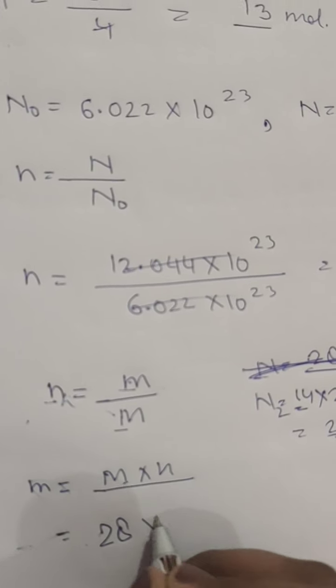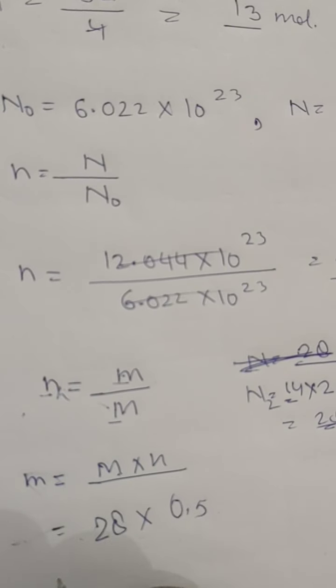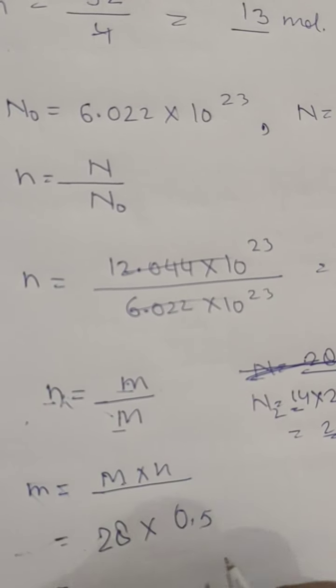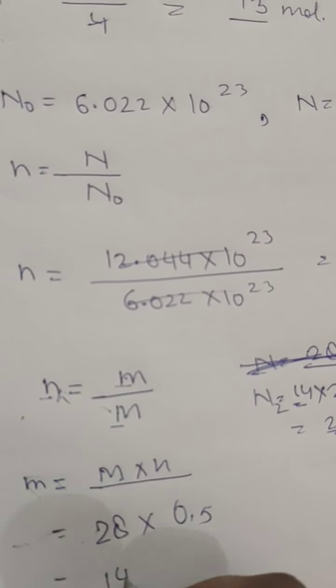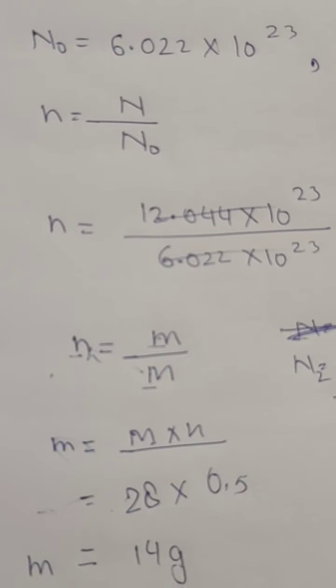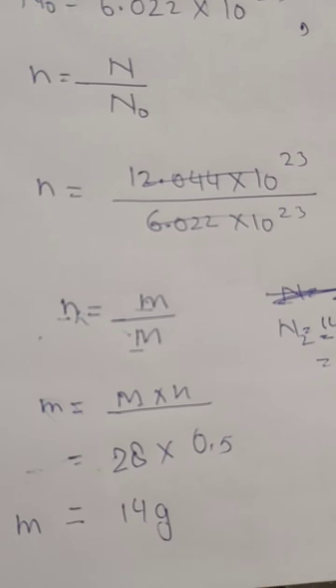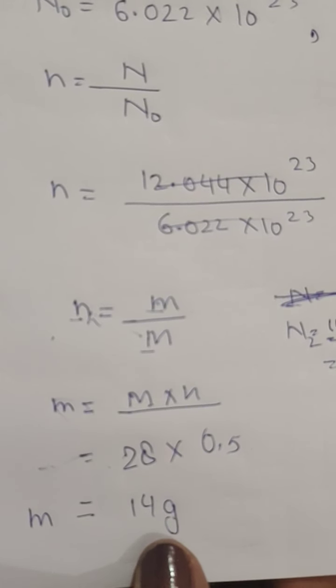And n is already given, which is 0.5. So we will multiply this, it will be 14 grams. So m, which is the mass of this dinitrogen gas, will be 14 grams.